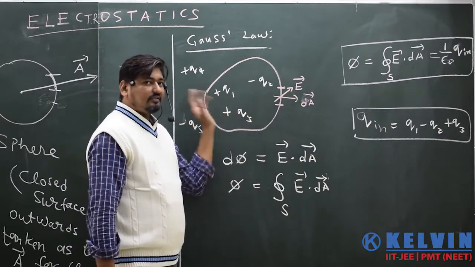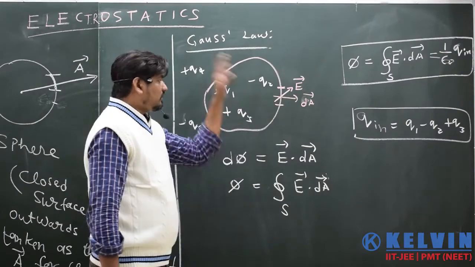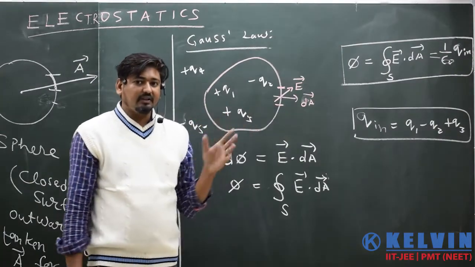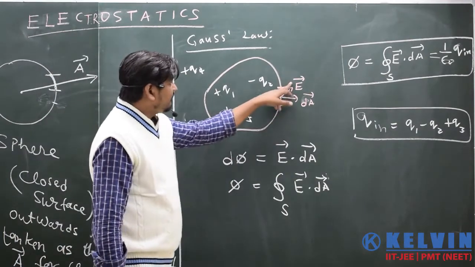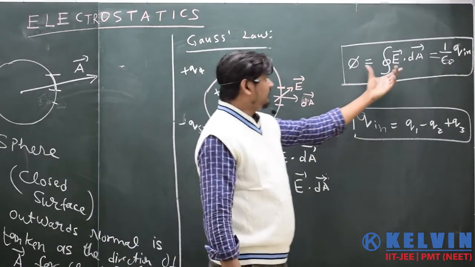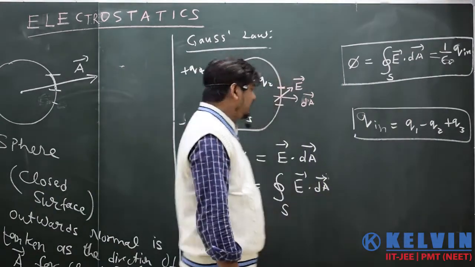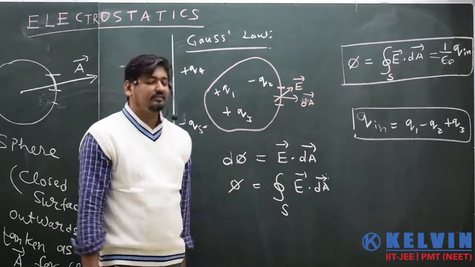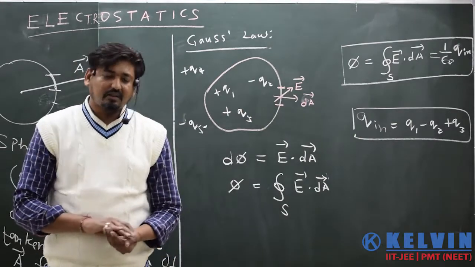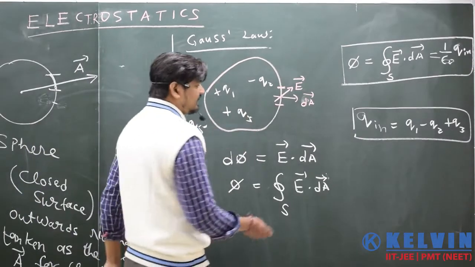The charges inside the surface, the charges outside the surface, or the total charges? One thing you should keep in mind is that while calculating the flux on the left hand side of the equation, the electric field is due to all the charges, whether they are inside or outside the surface. So I am just writing that.